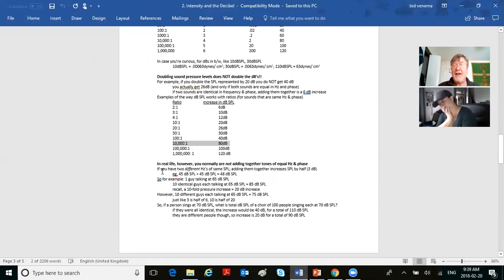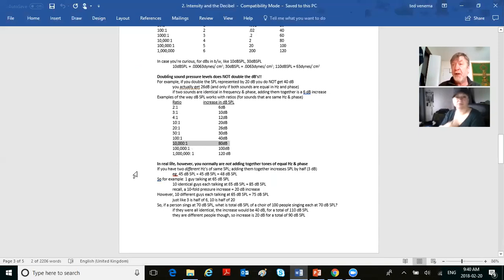Okay? And now let's take that analogy home and look at what would happen in terms of a choir. You have one person singing, and then you have 100 people singing. And if one person sings at 70 decibels SPL, and now you have a choir of 100 people singing, okay, what's the total overall intensity?